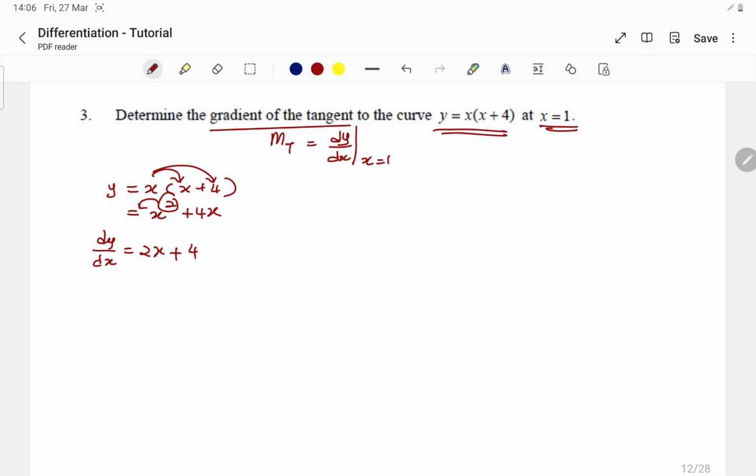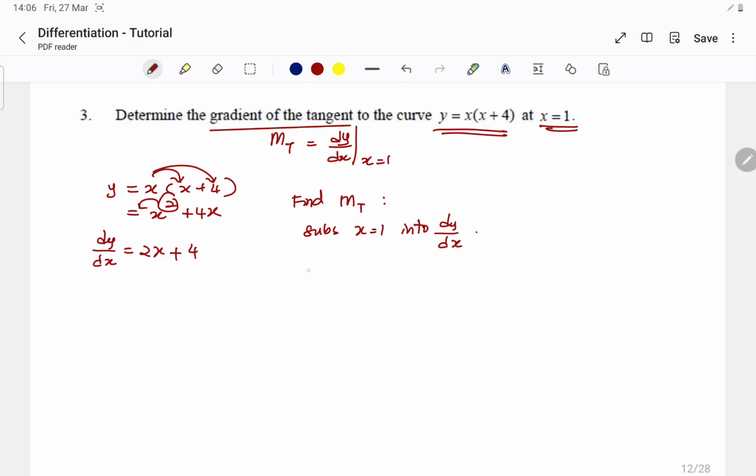So this is your dy/dx. And since we want to find mt, what you have to do is substitute x is equal to 1 into dy/dx.